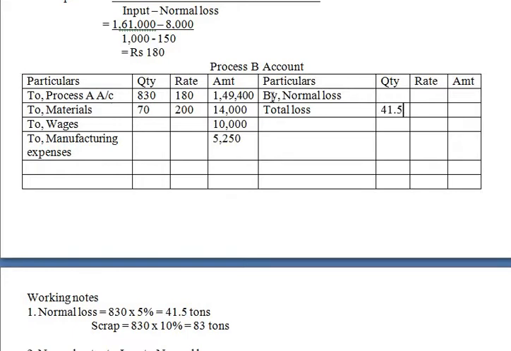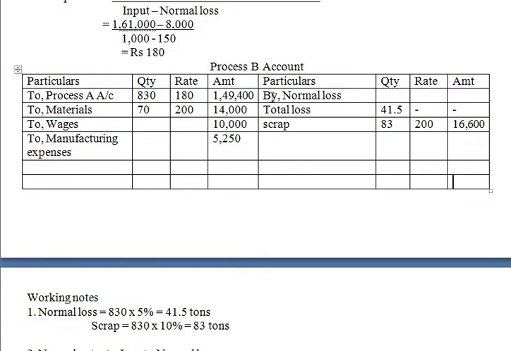You can round it up and take it as 42. There is no realizable value for this. Next comes scrap. Okay, and tons is 83, rate is 200, and the amount is 16,600. Okay, hope everybody is understanding this.